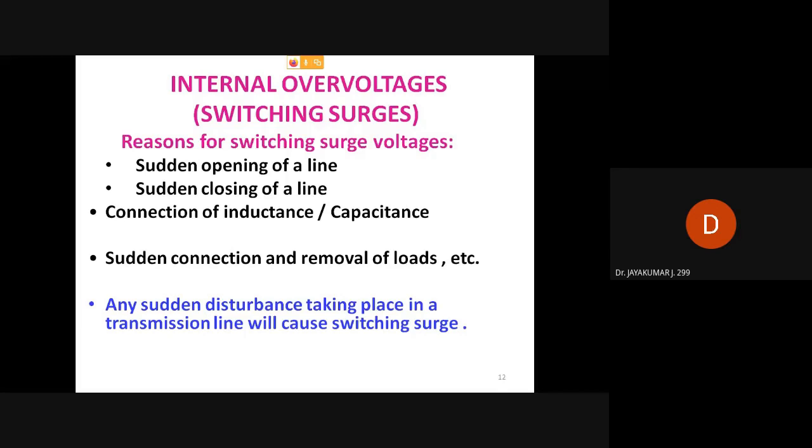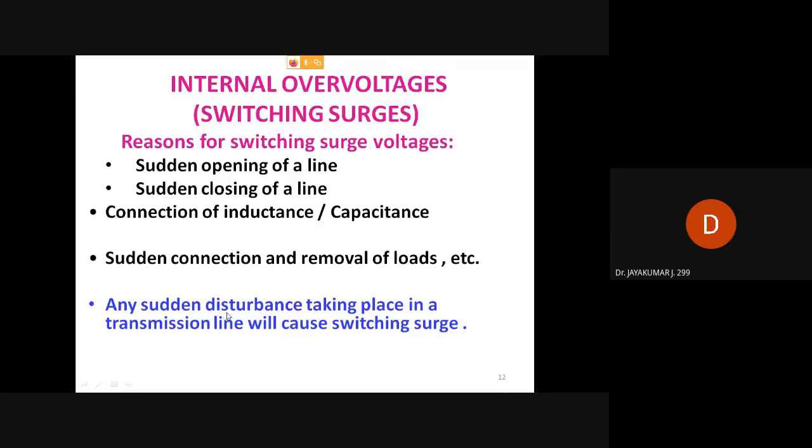That's the second reason. Third reason is sudden increasing or decreasing of the load. Removal and adding of transmission line, removal and adding of L and C, removal and adding of load: these are the three major reasons that cause voltage surge in the transmission line.